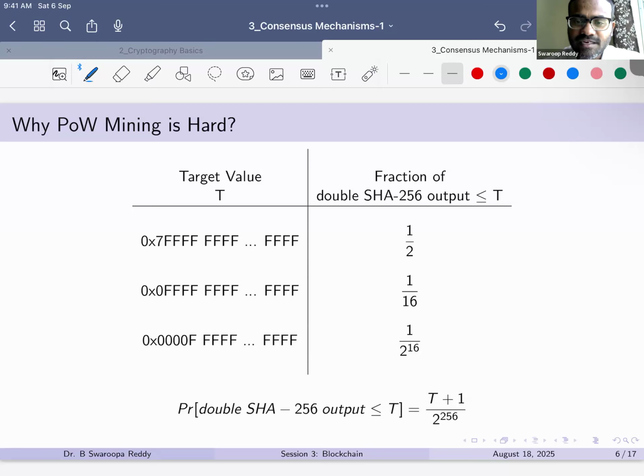Here it is the same thing. We can compute this hardness in terms of probability. If the probability is very low, it is a very hard problem. If the probability is very high, there are very high chances of solving that problem.